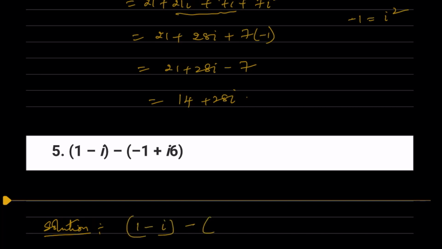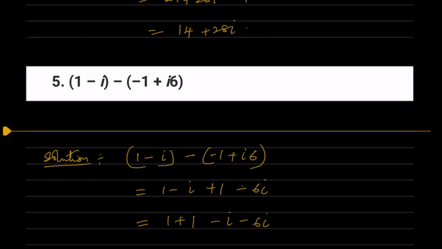Taking the minus sign inside, we get 1 minus i plus 1, and plus into minus is minus 6i. Taking all the like terms together, we get 1 plus 1, minus i minus 6i, which is equal to 2 minus 7i. Therefore 1 minus i minus of minus 1 plus 6i is equal to 2 minus 7i, the solution for this given problem.